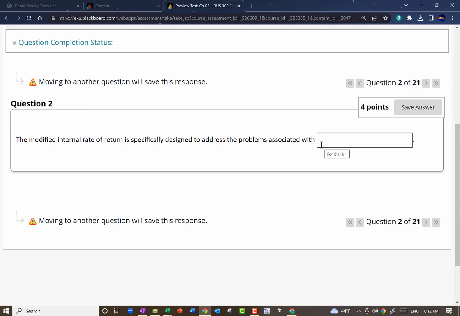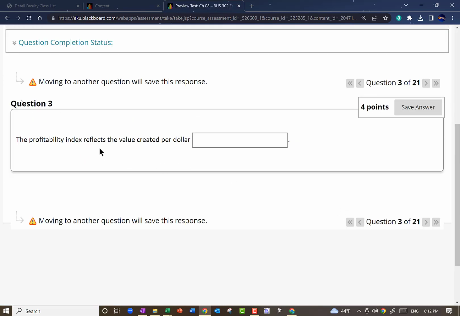We just talked about it. You can answer this in multiple ways. The best way would be non-conventional cash flows. Or you could say multiple IRR solutions, non-unique IRR, what have you.